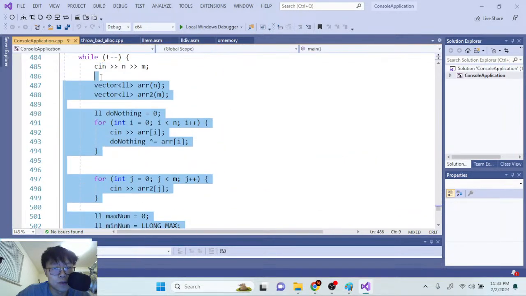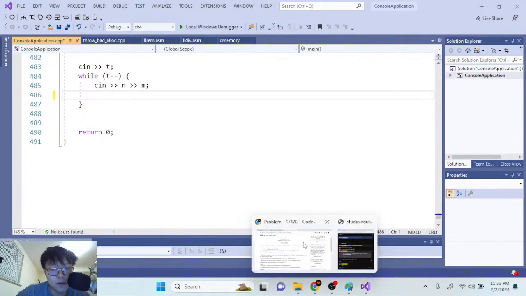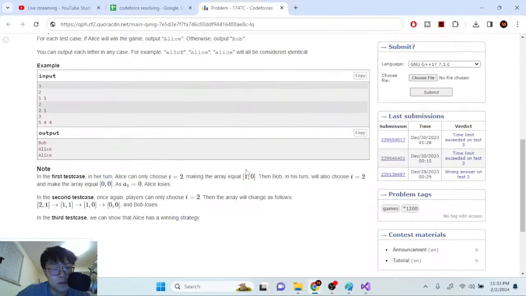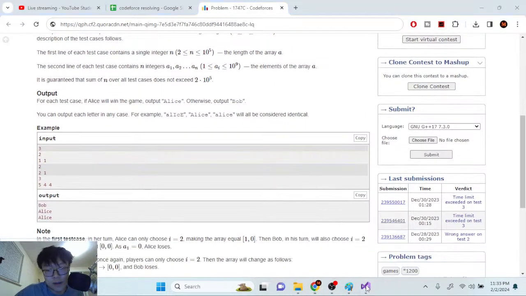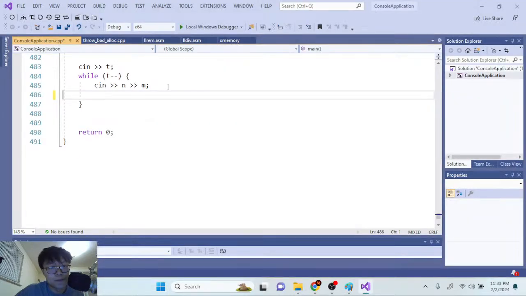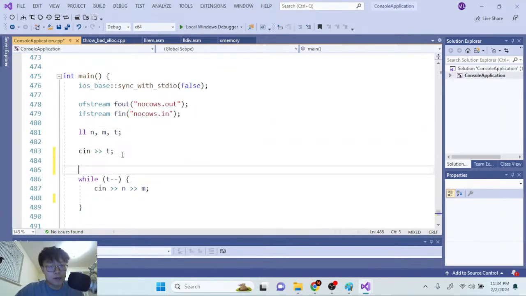Oh yeah, this was an XOR problem that I was doing. All right. Okay, so let's see. Read up. Okay, so we need a Boolean on Alice's turn. So we're going to have a Boolean, Alice's turn, which will be true, right?